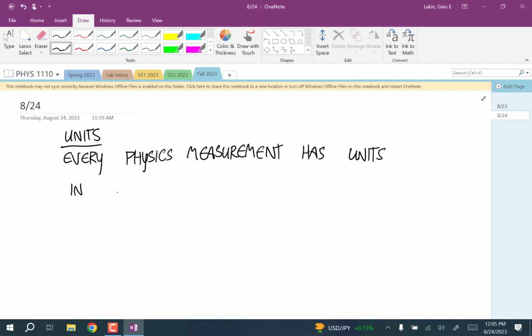In this class, every unit that we're going to use is a combination of 3 basic unit types.